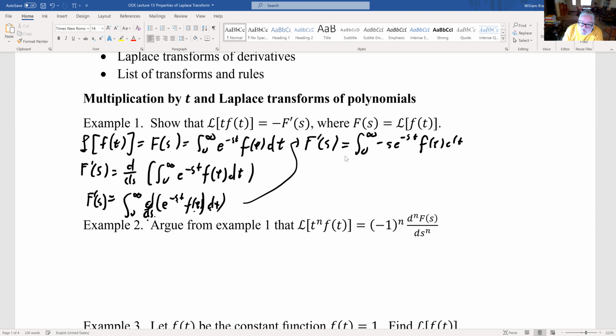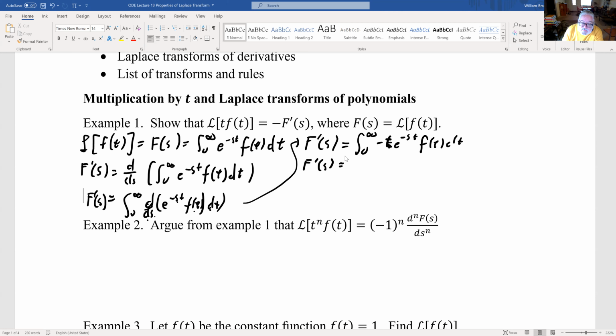The only s we have is in the exponential, so we're just going to treat t as a constant when we do the differentiation with respect to s. But we're integrating with respect to t, not with respect to s. So the derivative of e to the minus st is going to be minus t e to the minus st, because when you differentiate with respect to s, you pull down the t as if it was a constant.